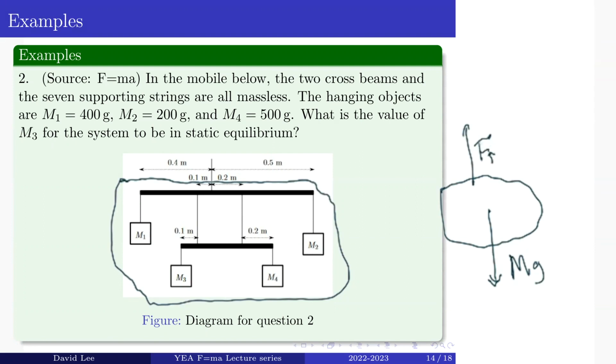But we know that the system is in equilibrium. So what can we say about this gravity and tension? Yes, that's correct. Gravity and tension have to balance out. But there's something else we can say about this. It's related to torques.